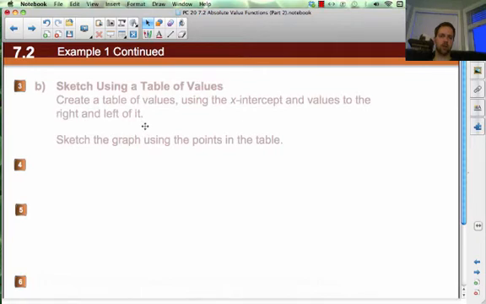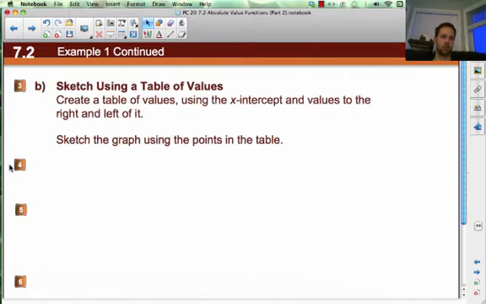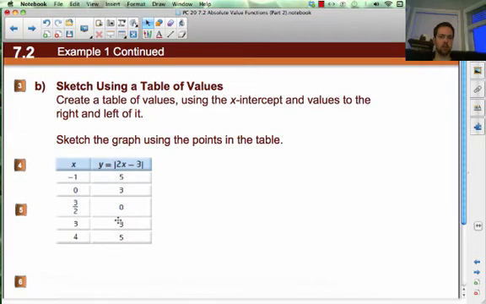Using a table of values is easy. We already have the x-intercept, we already have the y-intercept, and we can sketch the graph using a bunch of those points. Make a nice little table here just by plugging in a couple values to the left of your x-intercept and a couple values to the right of your x-intercept.